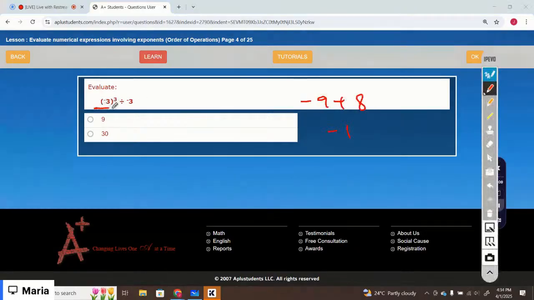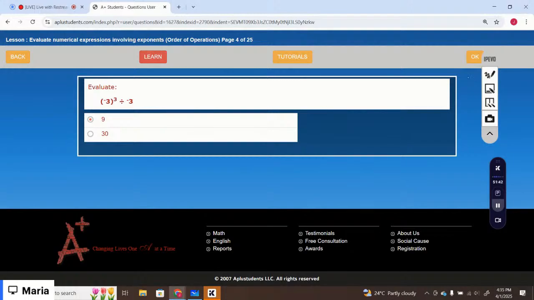Negative 3 times negative 3 times negative 3 makes negative 27, divided by negative 3. Option number 1 is the correct option.